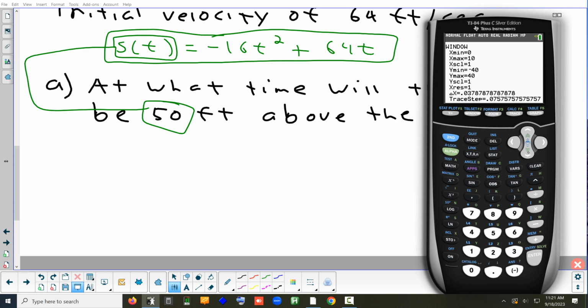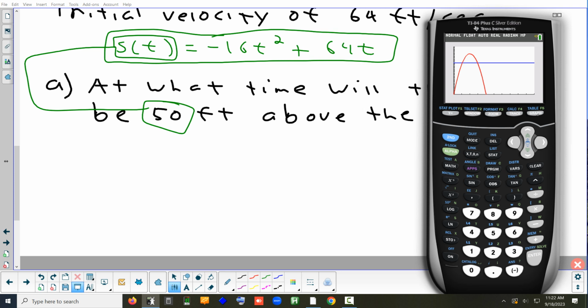Let's go 0 to 10 on the x. Y is height. Can we have negative height? No, the lowest height is 0. And the highest, we don't know, so I'm just guessing 75. So I did 0 to 10 and 0 to 75. Okay, there's my line at 50. Actually, that's good.